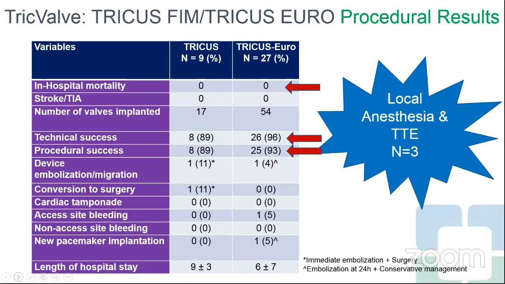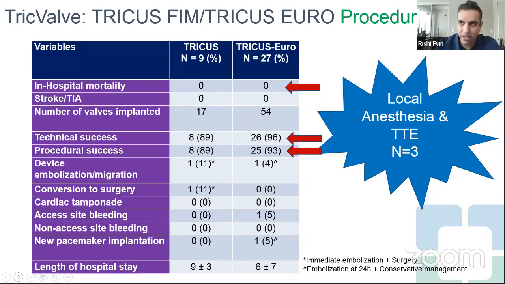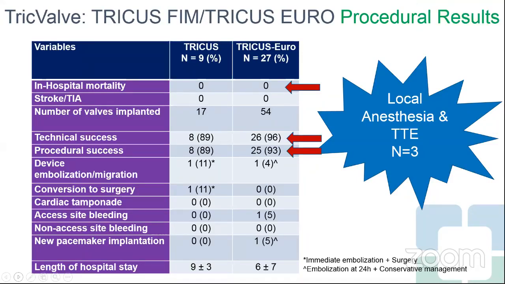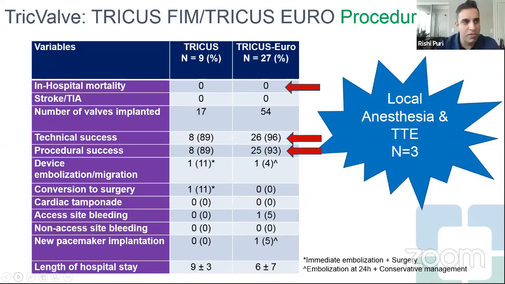Most of us who do structural procedures know that most of the planning and anticipation of complications can be done in your pre-procedural imaging. And so CT or MRI is really important. You can really predict 80% of what's going to happen in the case from the pre-procedural imaging. Really minimal to 0 conversion to surgery, and length of hospital stay around about a week, but I'm sure will start to decline as we improve our experience.